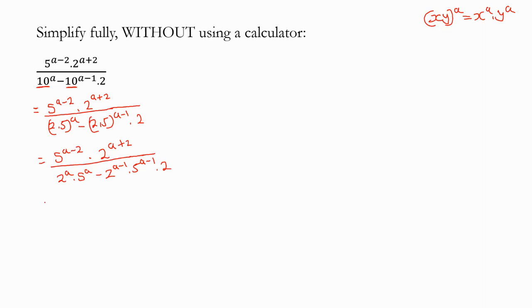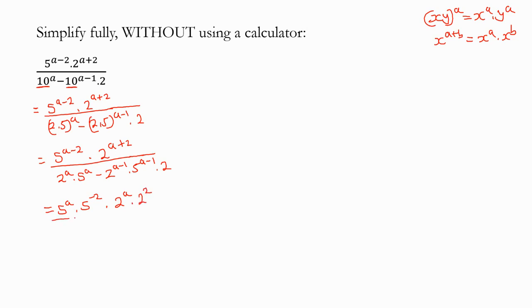Okay, and now we can split the powers. Remember that x^(a+b) is the same as x^a times x^b. Let's split the powers. So it is 5^a times 5^(-2) times 2^a times 2^2.